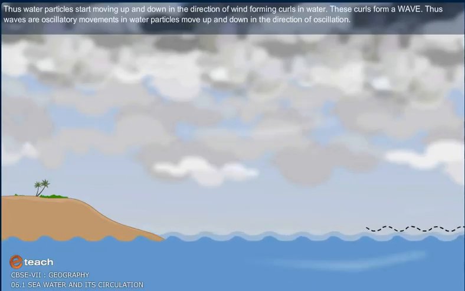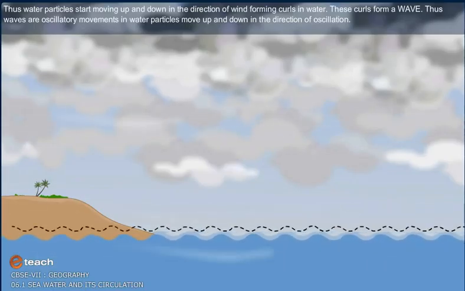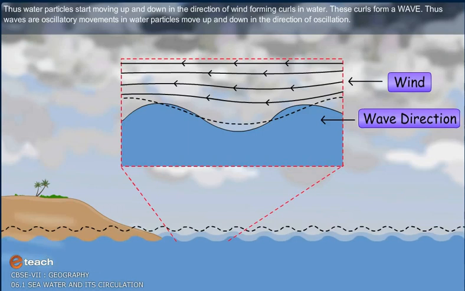Thus, water particles start moving up and down in the direction of wind, forming curls in water. These curls form a wave. Thus, waves are oscillatory movements in which water particles move up and down.